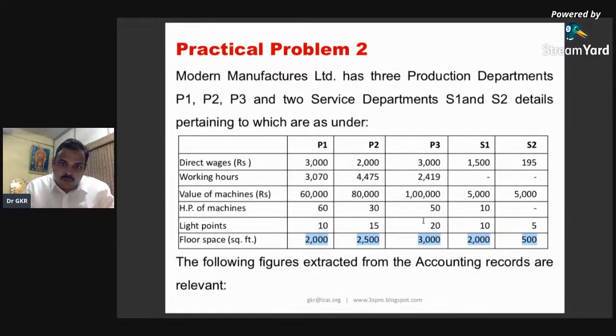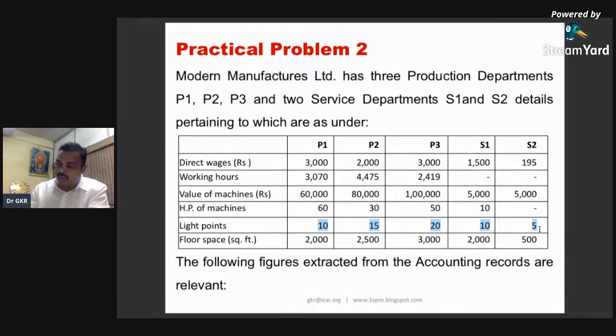If light points are given, that seems to be the closest ratio. Again, 10 is to 5 is to 20 is to 10 is to 5. Everything is again divisible by 5. So it is 2 is to 1 is to 4 is to 2 is to 1. The total is 2 plus 1, 3, 3 plus 4, 7, 7 plus 2, 9, 9 plus 1, 10. Hmm, as stated: 2 is to 3 is to 4 is to 2 is to 1. The total is 2 plus 3, 5, 5 plus 4, 9, 9 plus 2, 11, 11 plus 1, 12.